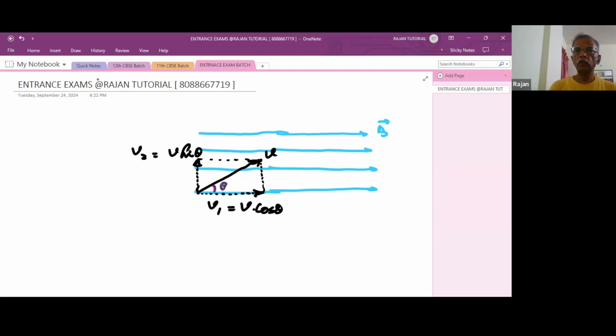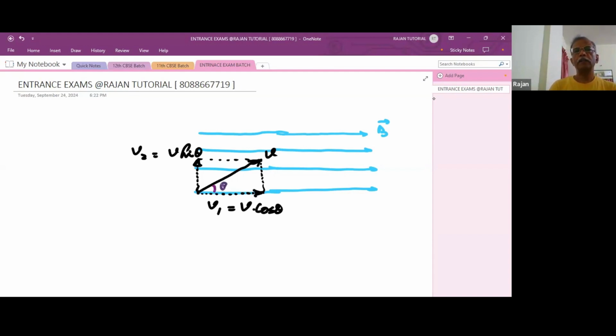So the same thing V2 will do here. And what will V1 do? V1 will try to drift. This fellow is making the circular path, but V1 will try to drift it along the x-axis, in the direction of magnetic field B.